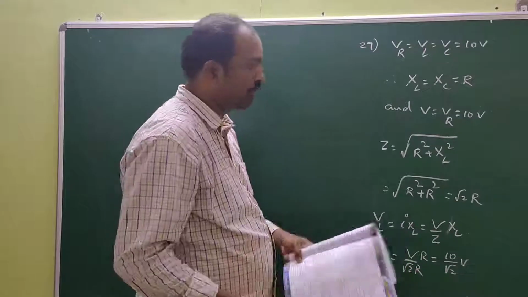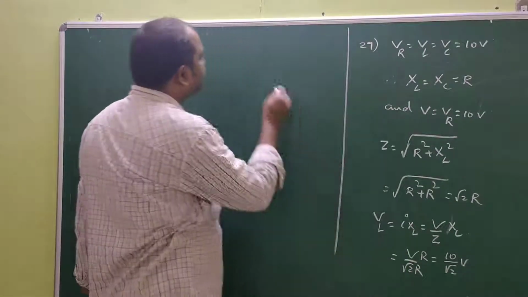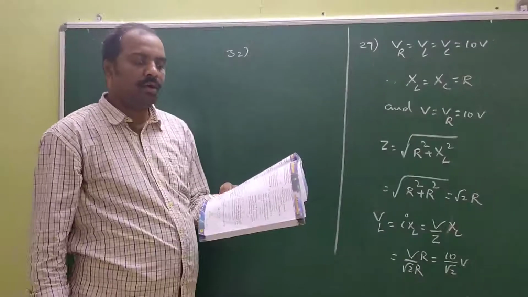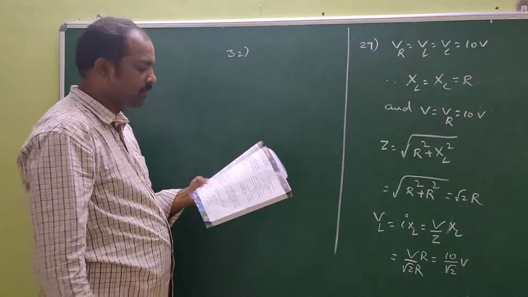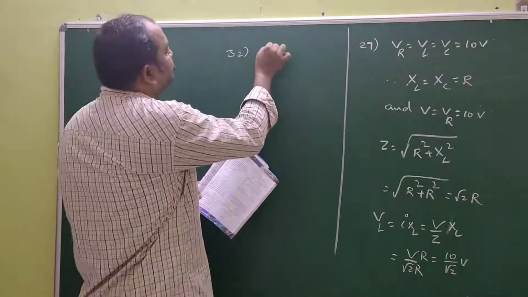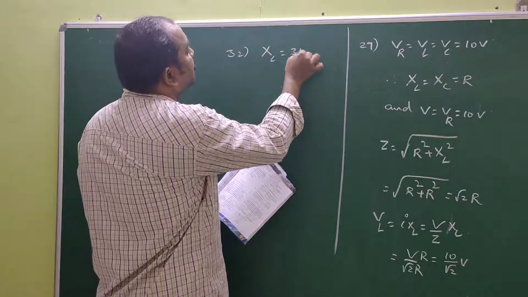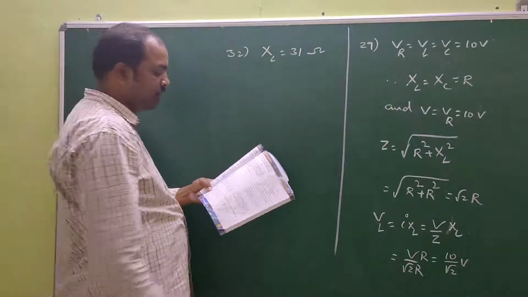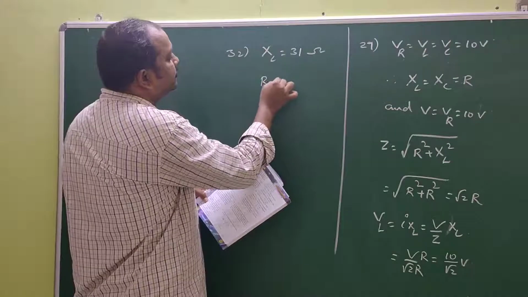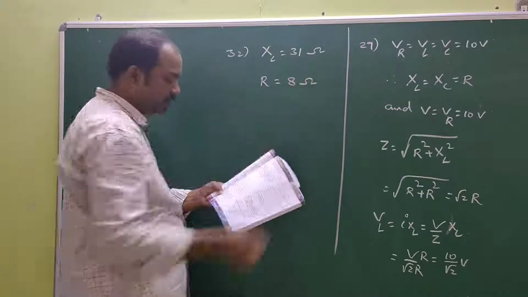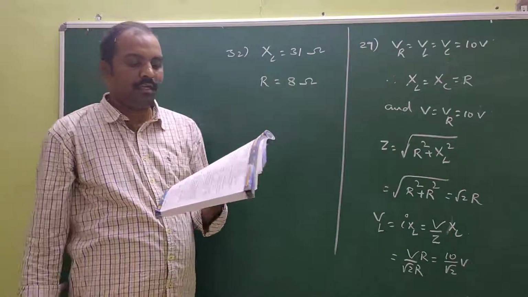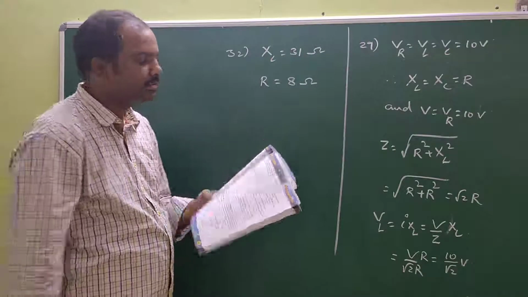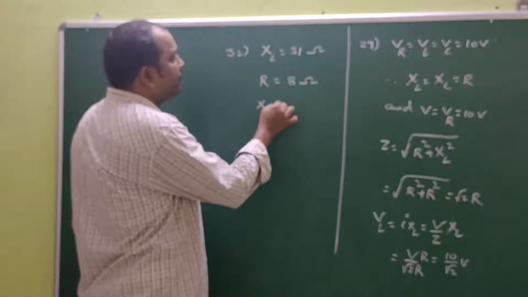See the next question, 32. A coil of inductive reactance 31 ohm and resistance of 8 ohm is placed in series with a condenser of capacitive reactance 25 ohm.